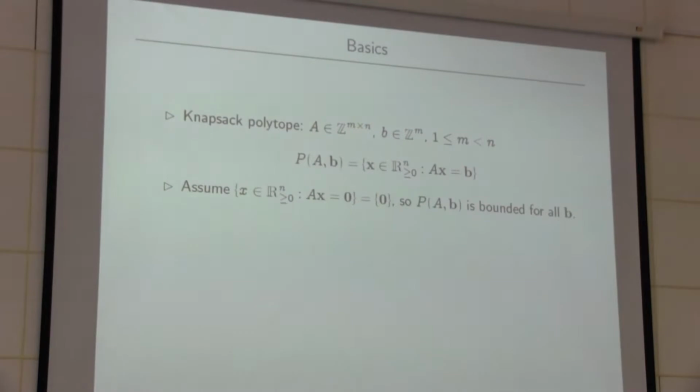So the first regularity assumption guarantees that the Knapsack Polytope is bounded, so it's indeed a polytope, and not an unbounded polyhedron, right?